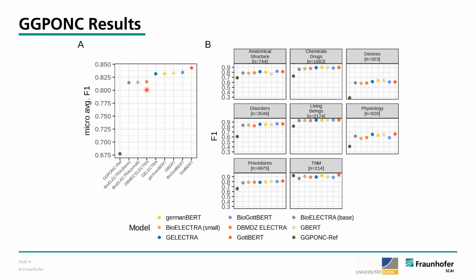Except for GottBERT, which reached an F1 score of 0.84, no notable differences were observed for the other models. This also includes the domain-adapted BioGottBERT, which we hoped would outperform the non-specific GottBERT. On the right, you can see the entity-wise F1 scores. Except for the classes devices and physiology, all other classes were predicted with high accuracy.